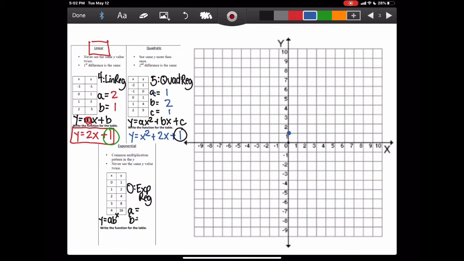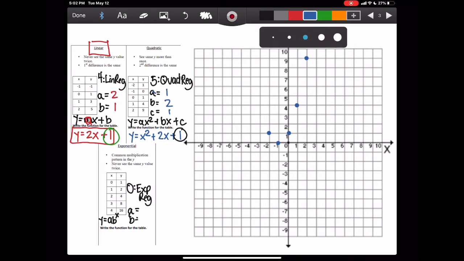Now I'm just going to plot the rest of the points in my table. -2, 1, put a point there. -1, 0, put a point here. That's my x-intercept because the y is 0. Then I'm going to put a point at 1, 4. Go over to 1, up 4. And then a point at 2, 9. Over 2, and then up 9.